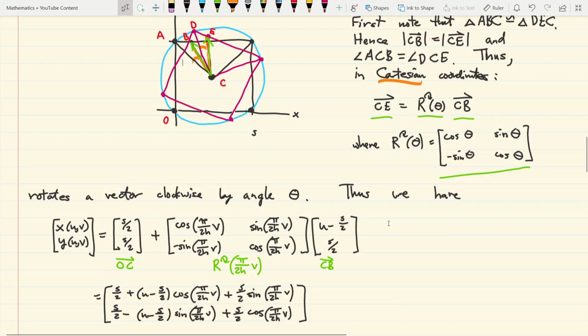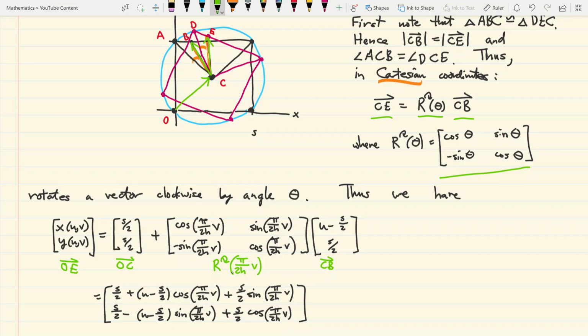And therefore, if you start at the origin, go to C, you can get the vector OE, so of course this is the vector OE, if you want, by just taking OC plus CE.